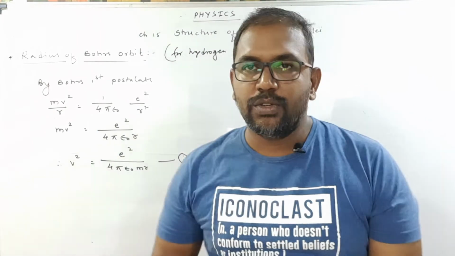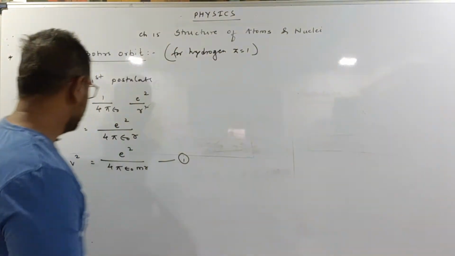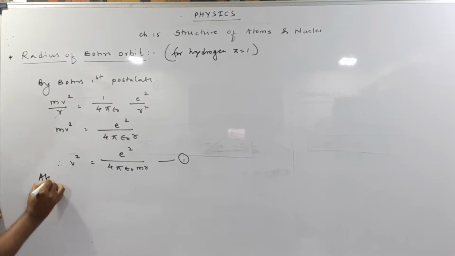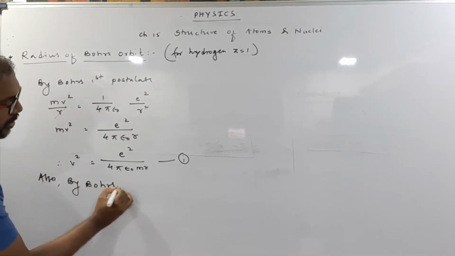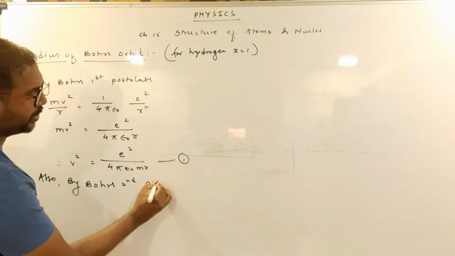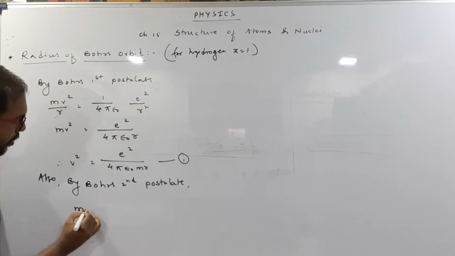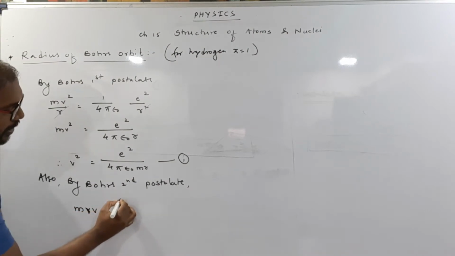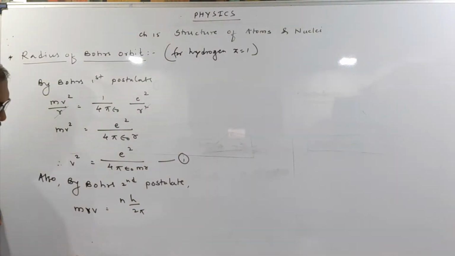Similar manner we can use Bohr's second postulate and we obtain v square also. Second postulate is angular momentum mrv is equal to integral multiple of h upon 2 pi, that is n h upon 2 pi. Now I can write a formula of v by using that.